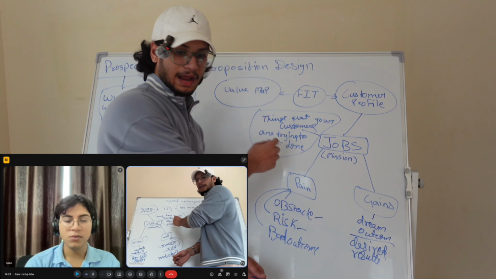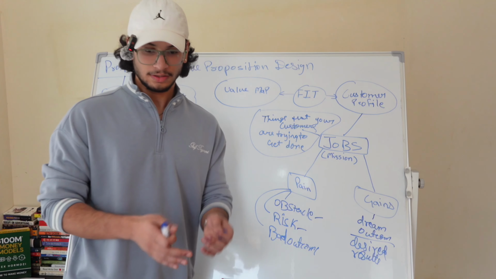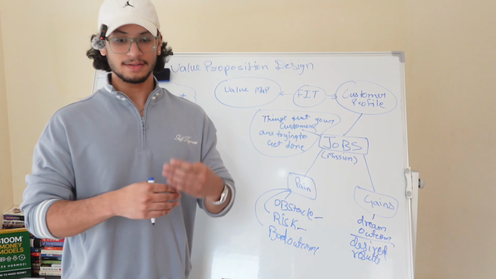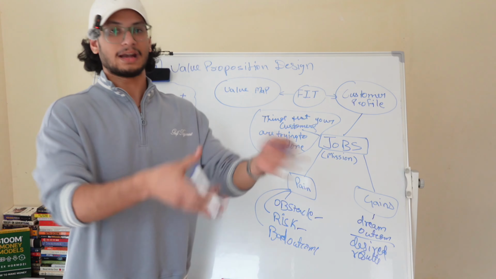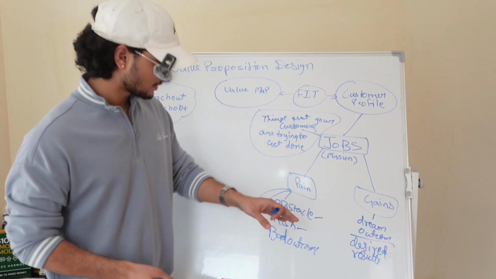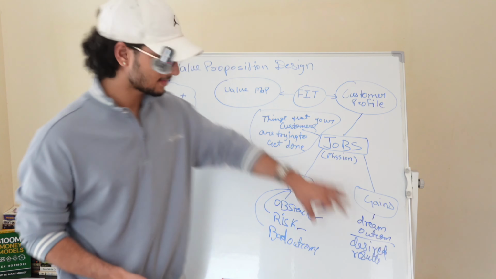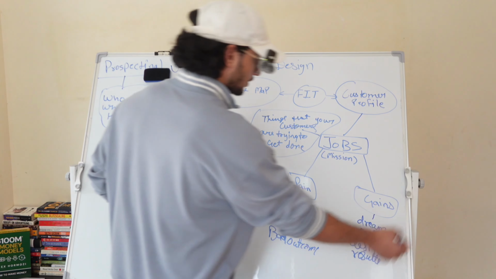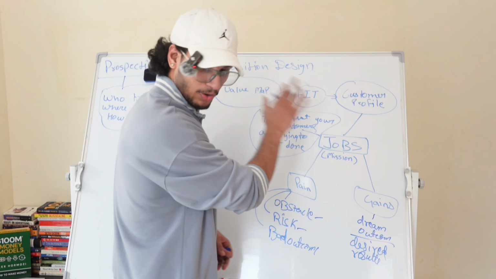If they are trying to get something done, there has to be a final goal. Like they want more clients, they want to build credibility in the market, they want to reach out to more people. So there has to be a dream outcome or desired results. That's why they are struggling to get this done. You need to figure out these three things about your ICP.